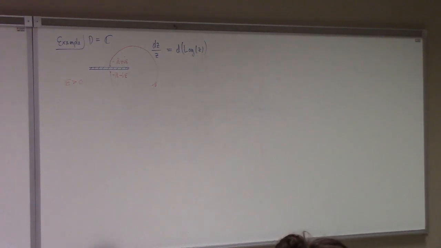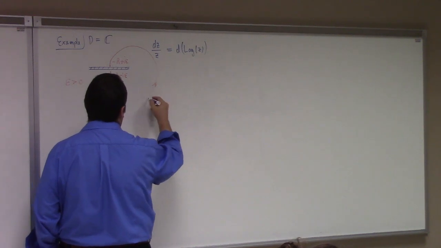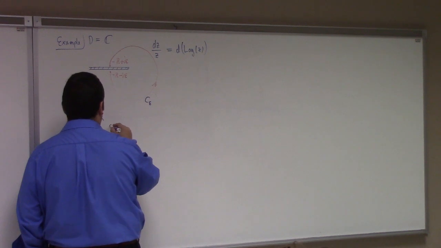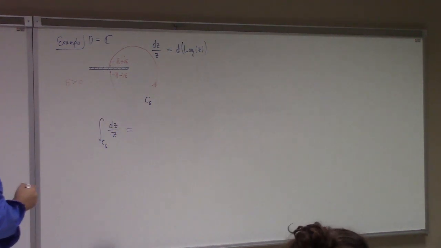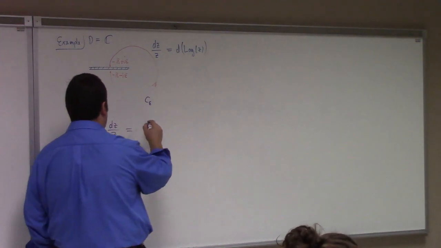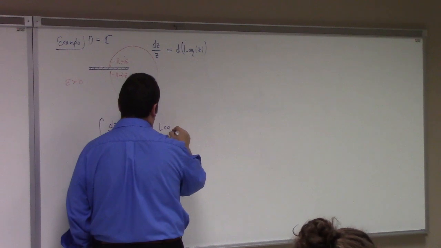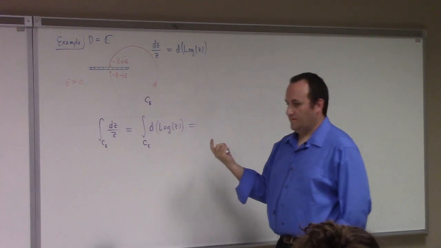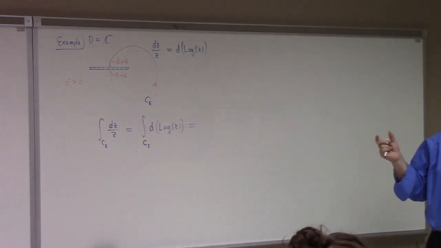So FTC part 2, what's it say? If I call this curve C epsilon, then the integral along C epsilon of dz over z, what's it equal to? That's equal to the integral along C epsilon of the differential of the logarithm, yeah? If you look at FTC2, what it really says is if you're integrating the total differential of a complex function, you just evaluate the function at the endpoints.